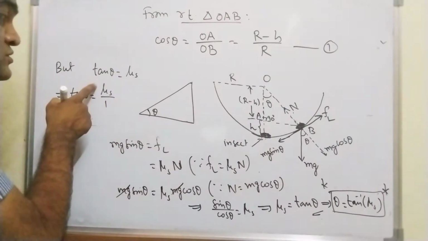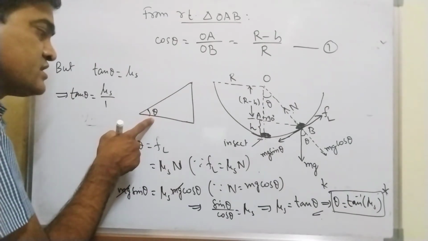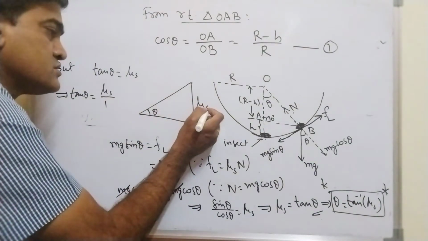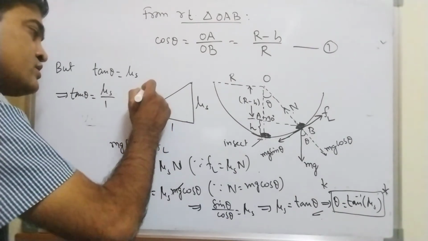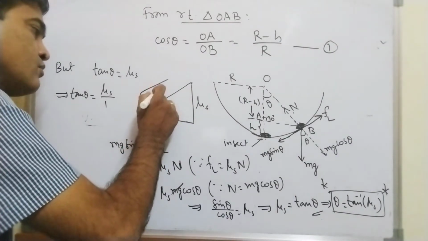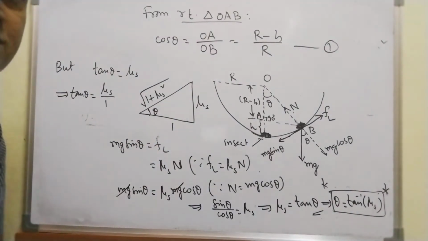That is opposite side upon adjacent side. For this theta, the opposite side is mu s, the adjacent side is 1, so that the hypotenuse becomes root of 1 plus mu s square.